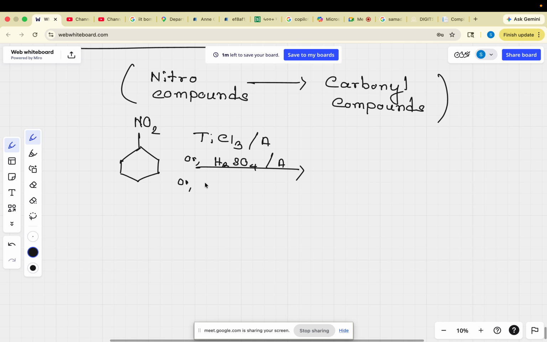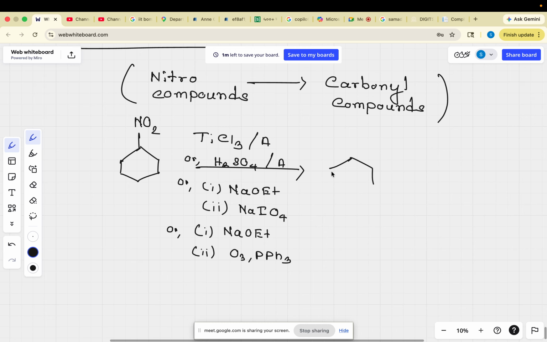Or sometimes they can give you NaOH, sodium ethoxide in presence of sodium iodate, NaIO4. Or you can use NaOH, sodium ethoxide, and the second reagent will be O3, PbH3, ozonolysis.